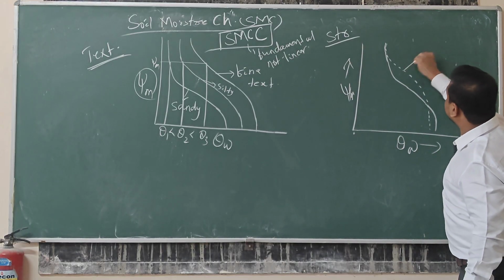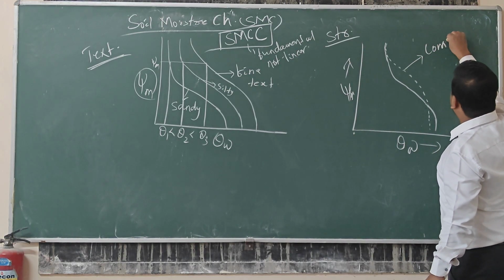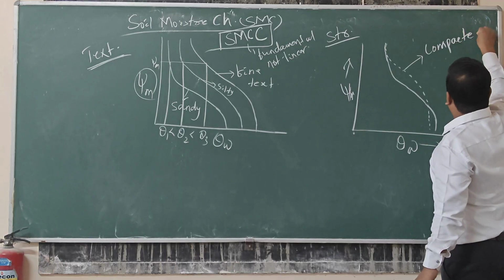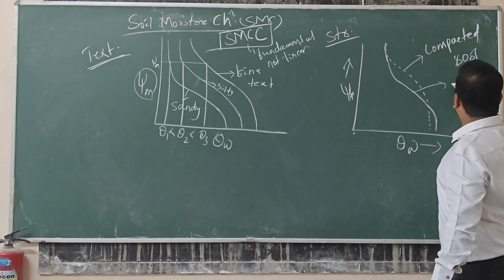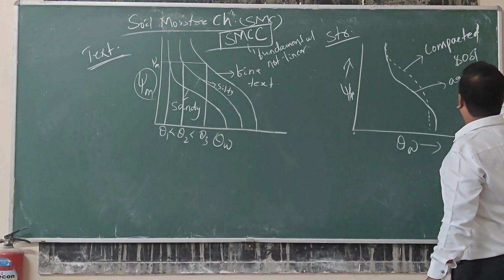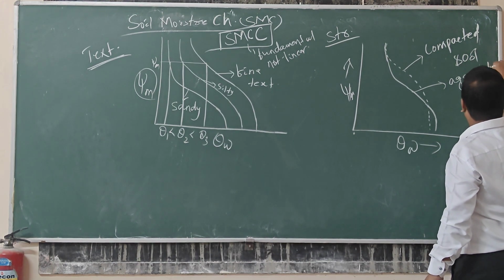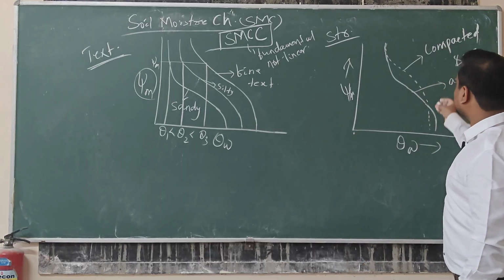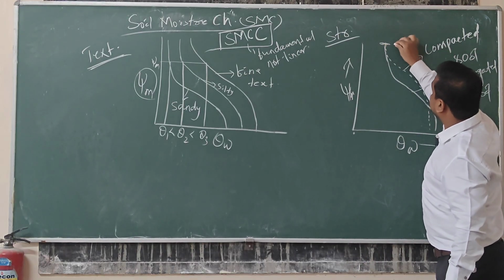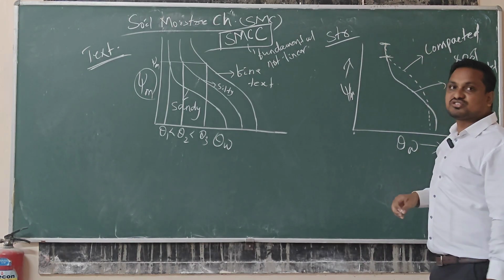Okay, and if you see, this is a compacted soil, and this one is your aggregated soil.